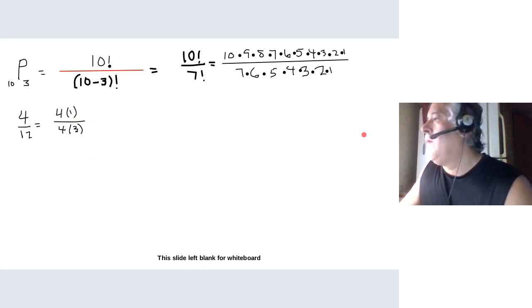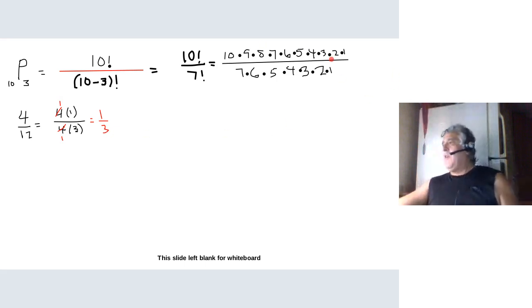And so the common factor of 4 reduces to 1, and you're just left with 1/3. It's just a little bit more complicated here, but the same thing is happening. 2 over 2 is 1. Well, 1 over 1 is obviously 1. 3 over 3 is obviously 1. 4 over 4 is 1.